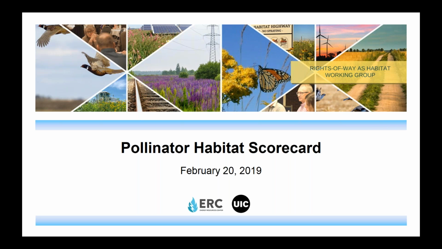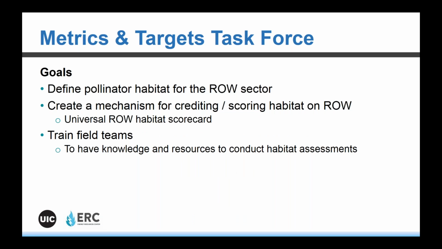So as probably many of you are aware, we've had this metrics and targets task force that has been around for about a year and a half, I think. And back in 2017, we had a task force session at one of these working group meetings. We created an action plan, and in that action plan we said, for the right-of-way working group, we wanted to have a common definition of pollinator habitat, so we could all be talking about the same sort of thing.